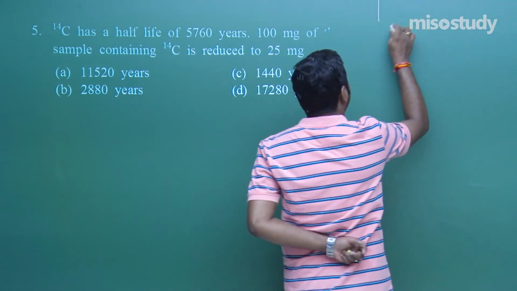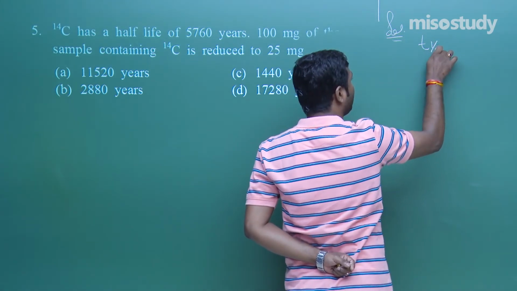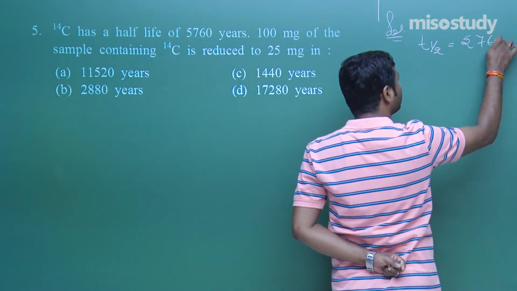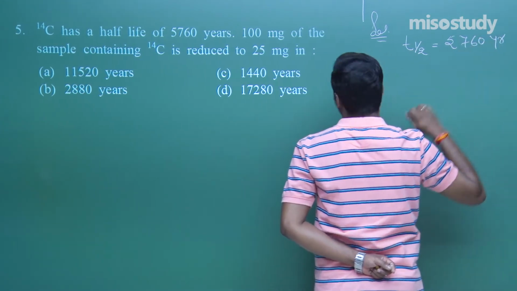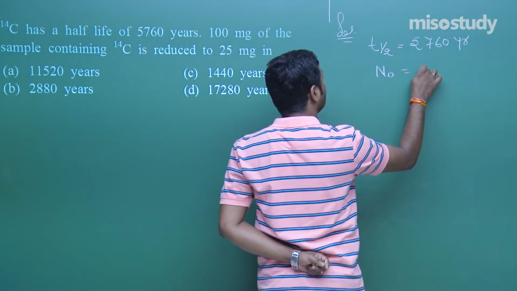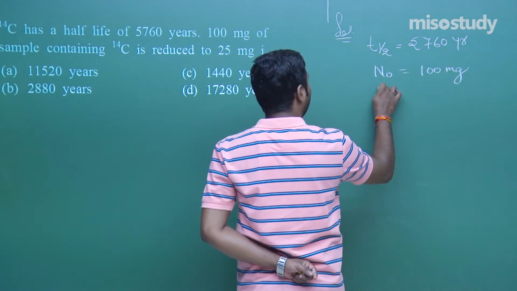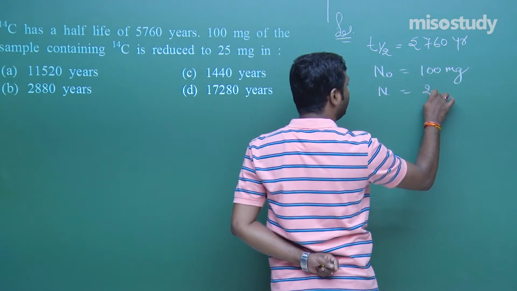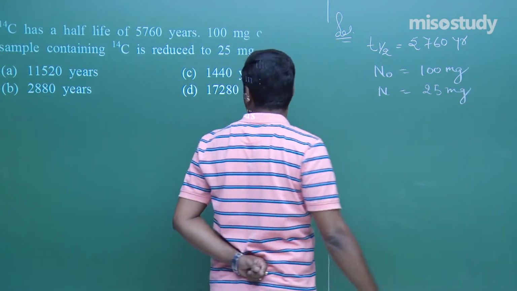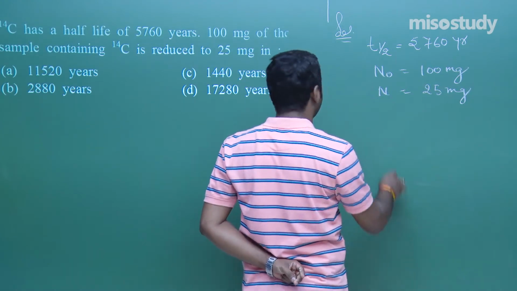According to the question, T half is 5760 years, N naught is 100 milligram, and N is 25 milligram. We have to find out the overall time.